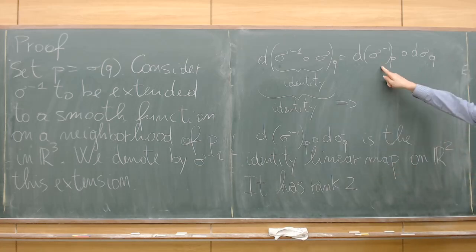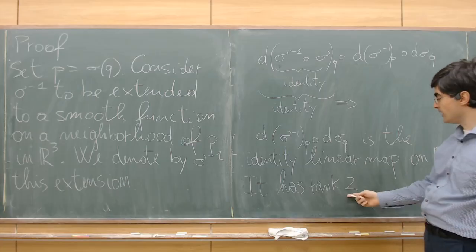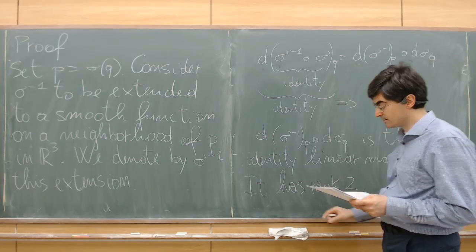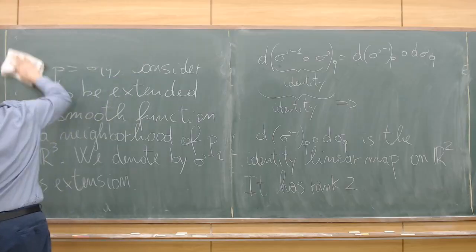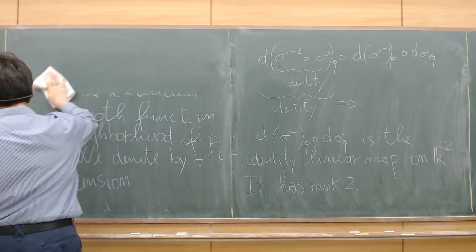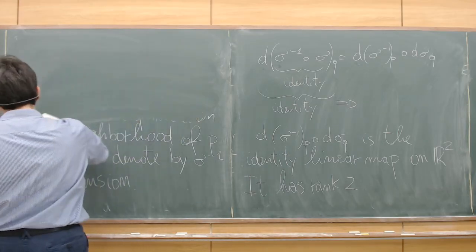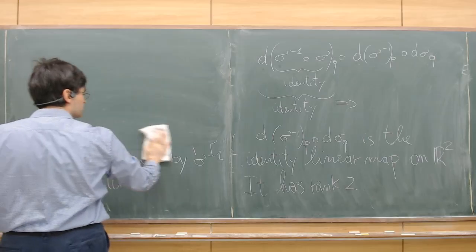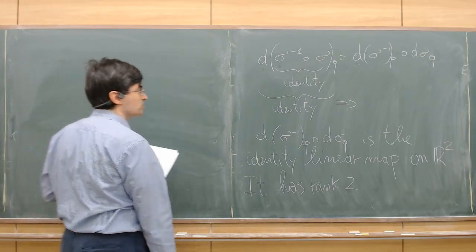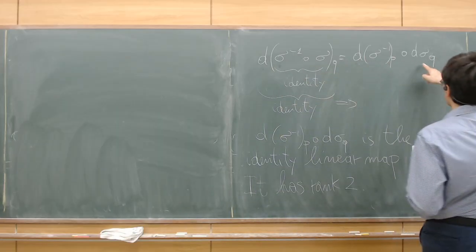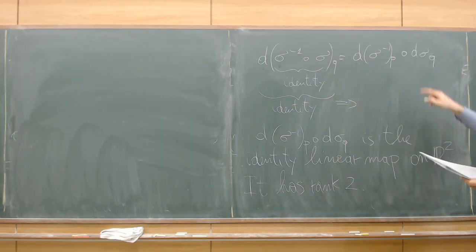Now, this is a composition of two maps, and you know very well that the rank of a composition is less than or equal to the rank of the first map of the composition.